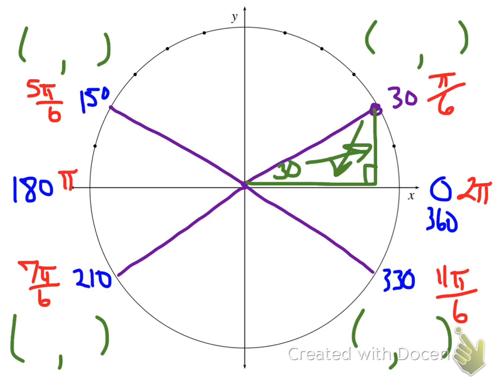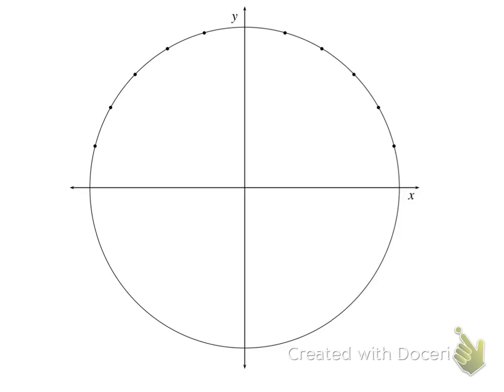Once I have all of those triangles, then I'm going to look at the next one, which is now a 45-degree angle. So 45 degrees, I can then figure out 45 goes into 180 how many times, and then I can use that to figure out how many radians it is, since that's pi right there. How many radians am I going to have right here?